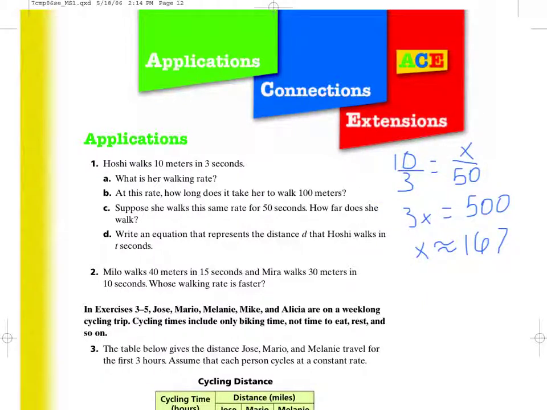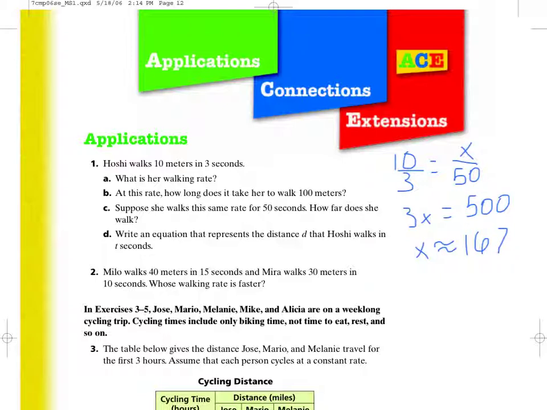Okay, for part C. Suppose she walks the same rate for 50 seconds. How far does she walk? Once again, you can set a proportion. So if she is walking 10 meters in 3 seconds, the unknown is the meters. We want to find out how many meters she walks in 50 seconds.